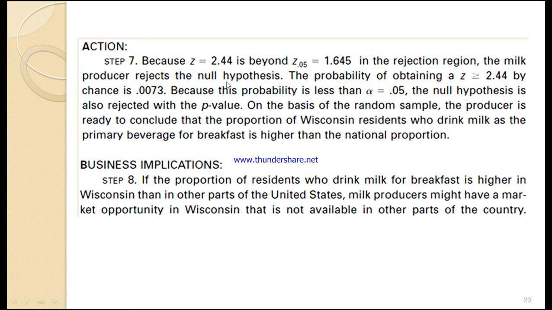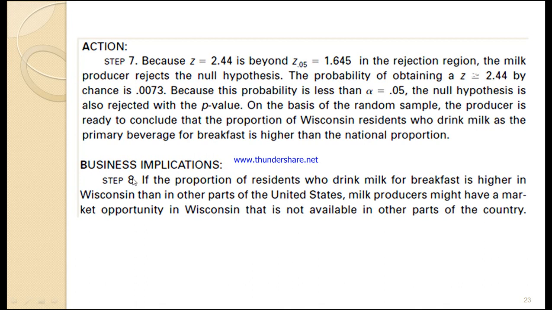Therefore, the milk producer rejects the null hypothesis. The probability of obtaining z greater than or equal to 2.44 by chance is 0.0073. Because this probability is less than alpha, which is 0.05, the null hypothesis is also rejected. Therefore, our test results imply that the null hypothesis should be rejected.